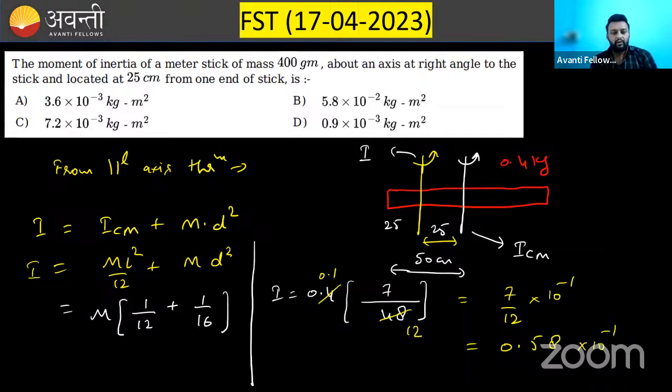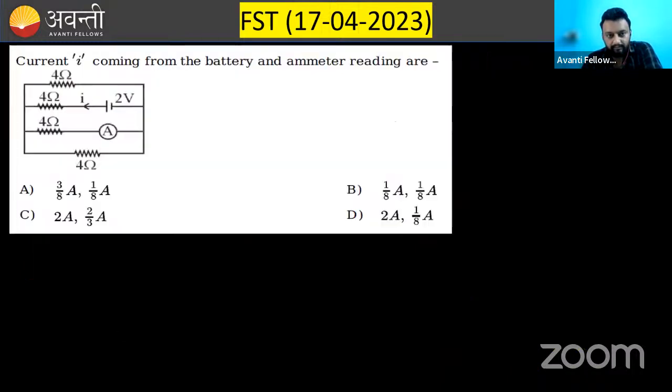Now modify the answer according to the options. It will become 5.8 into 10 raised to the power minus 2 kg meter square, which is option number B. Is every point clear in this particular question so that I can move further? Moving further.